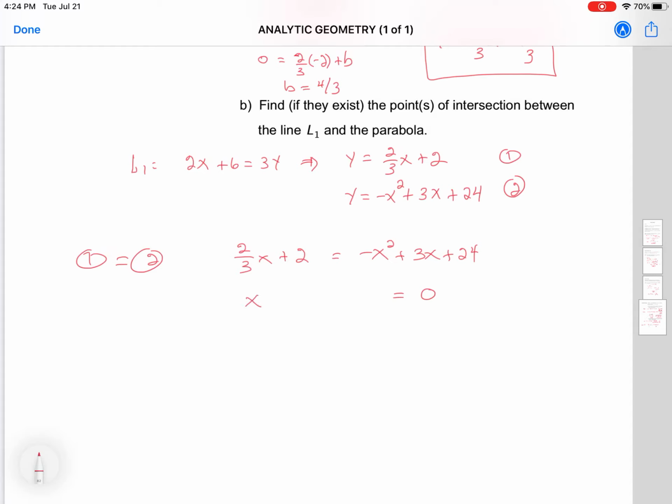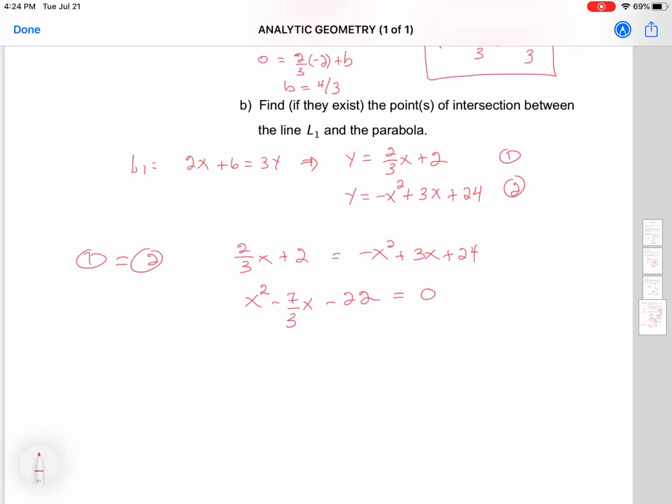I'm going to bring everything that's on the right side to the left side so that I have something that is equal to 0. So I'm going to get minus x squared becomes positive x squared. 2/3 x minus 3x, that's going to become minus 7/3 x. And 2 minus 24, that's going to become minus 22.